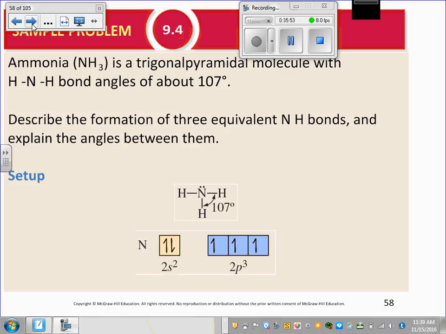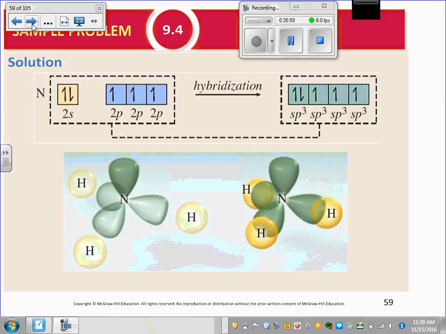Am I promoting anything? Well, if I do sp3, I now have 4 sp3 orbitals, so they're all the same. 3 of them have unpaired electrons, 1 of them is paired, right? So the 3 that are unpaired take a hydrogen.